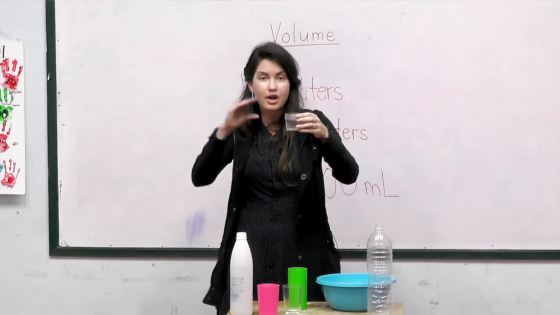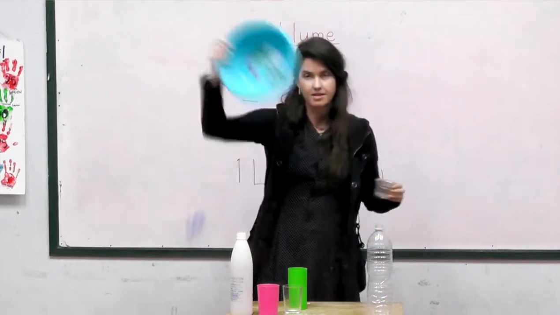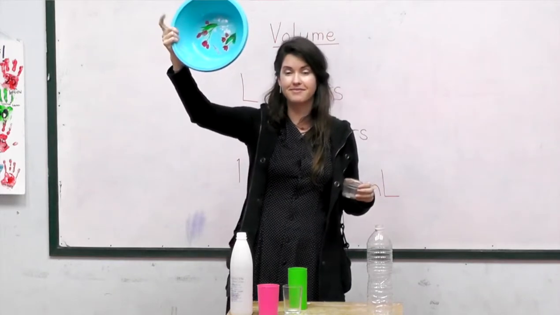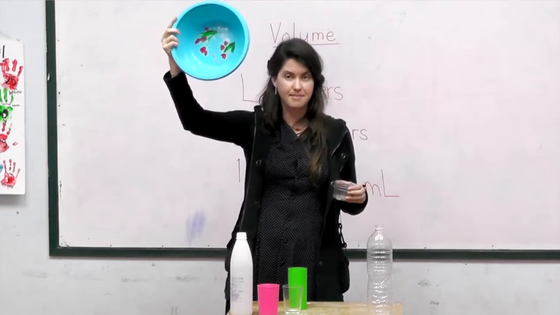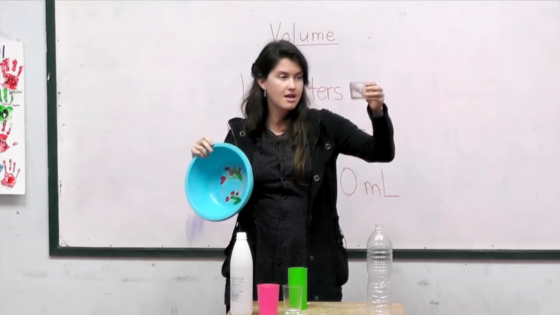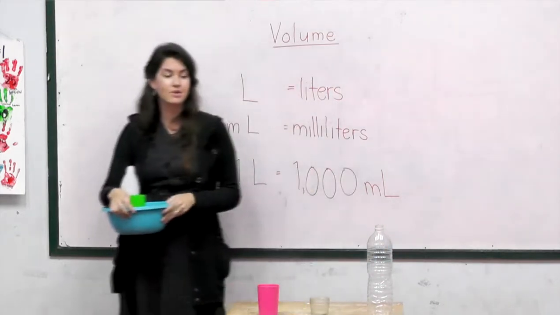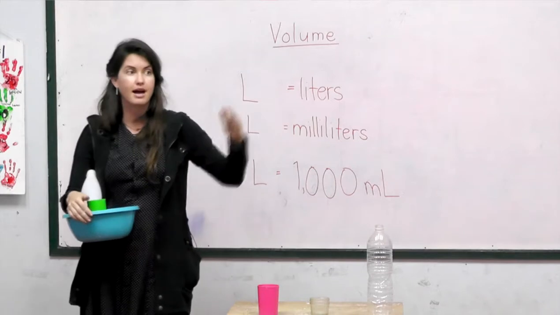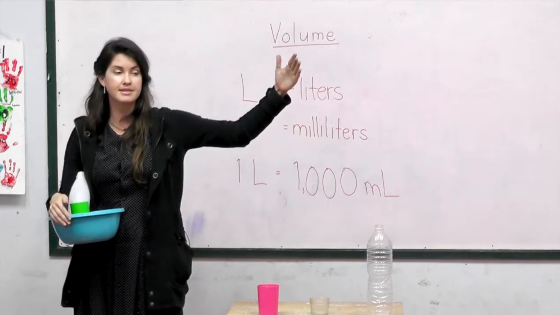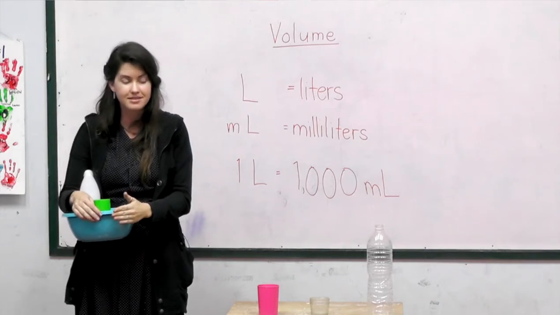This has the lowest or the smallest volume. This one is the biggest. It has the highest volume. This one is smallest. It has the lowest volume. Practice ordering from highest volume, biggest, to smallest volume, the lowest.